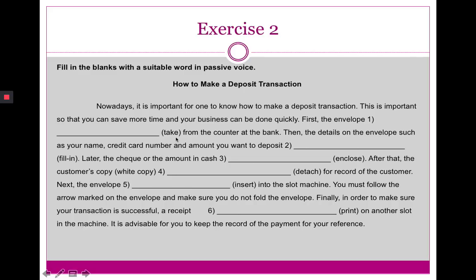Okay, so this is for exercise 2. Please do it. Later, I will prepare a Google form maybe for you to submit your answer. Okay. So for exercise 2, you have number 1, 2, 3, 4, 5, and 6.